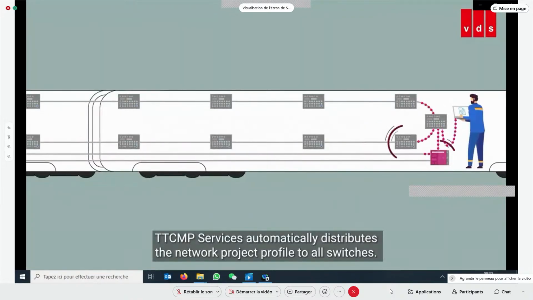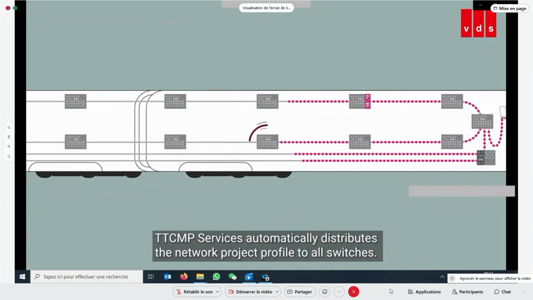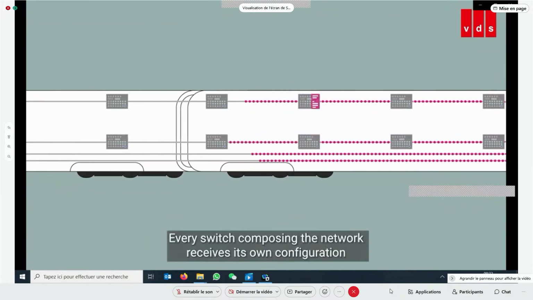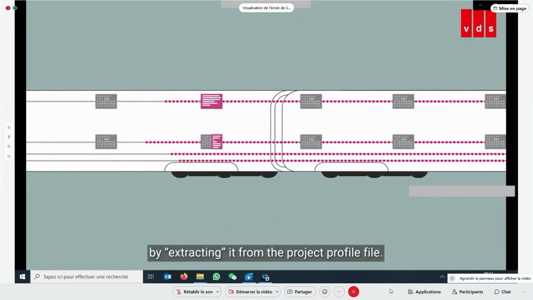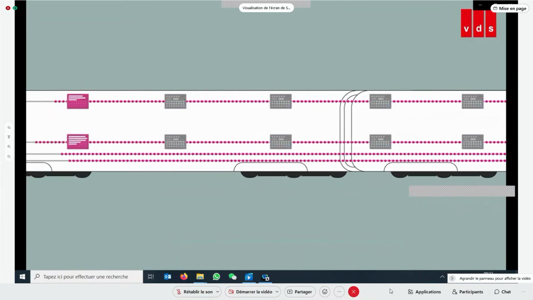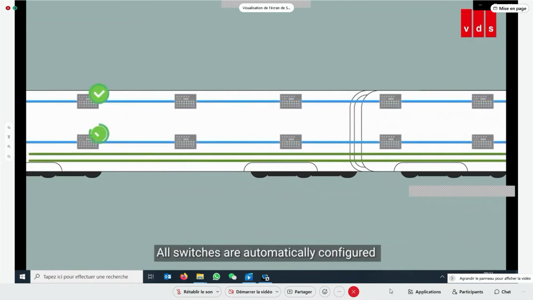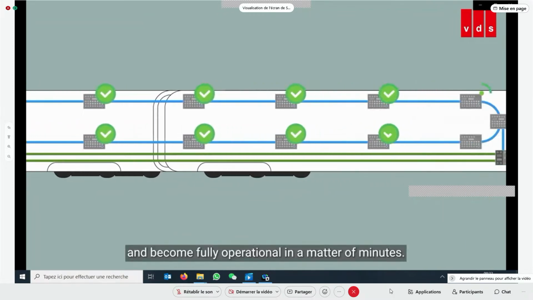TTCMP services automatically distributes the network project profile to all switches. Every switch composing the network receives its own configuration by extracting it from the project profile file. All switches are automatically configured and become fully operational in a matter of minutes.